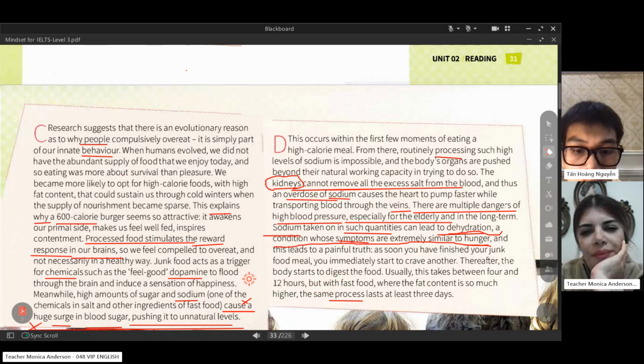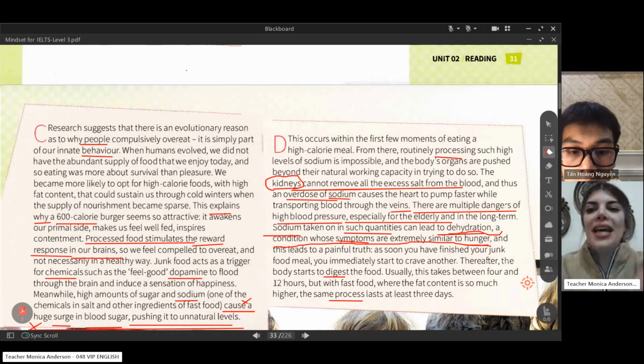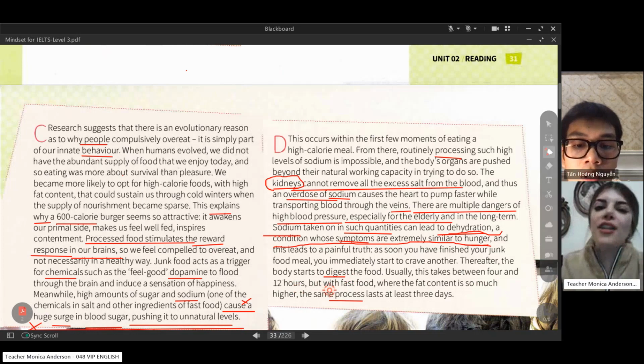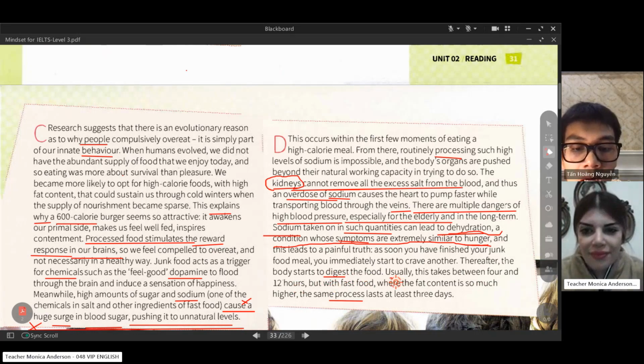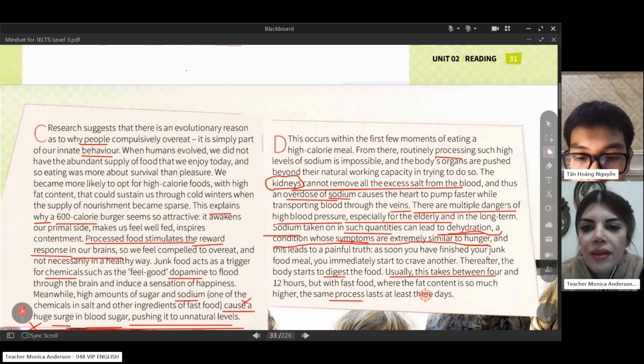Fat content, digest. Okay, I could find the synonym. Breakdown, digest. So thereafter, the body starts to digest. I think the answer is fat content.